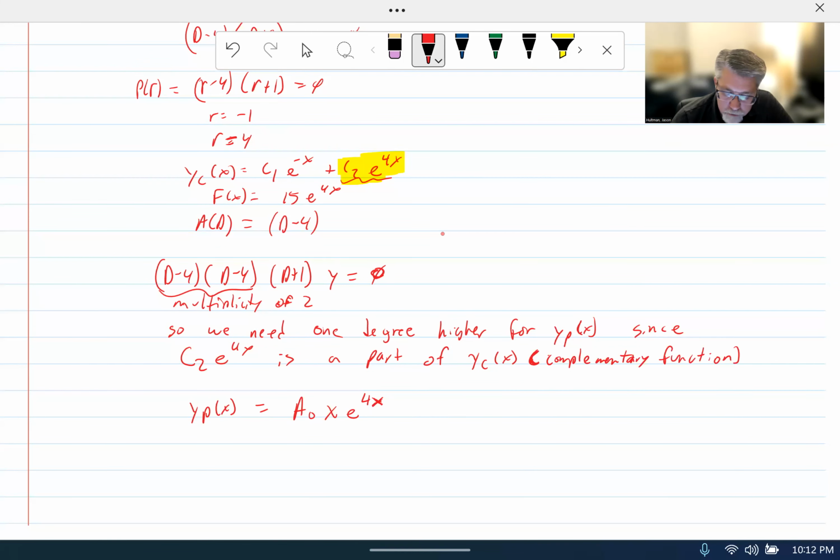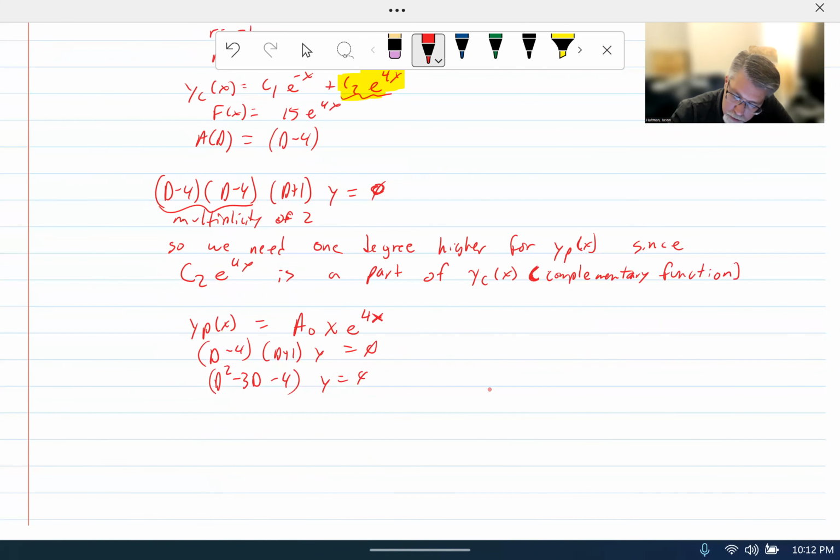Okay, so now let's try to solve for the A_0. What would be my original differential equation? Well, my original differential equation was (D - 4)(D + 1) of y. If I multiply this back out, I would end up with D^2 - 3D - 4 of y. And then what would be my differential equation?